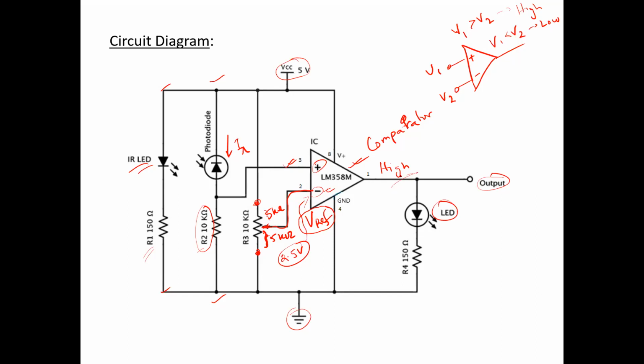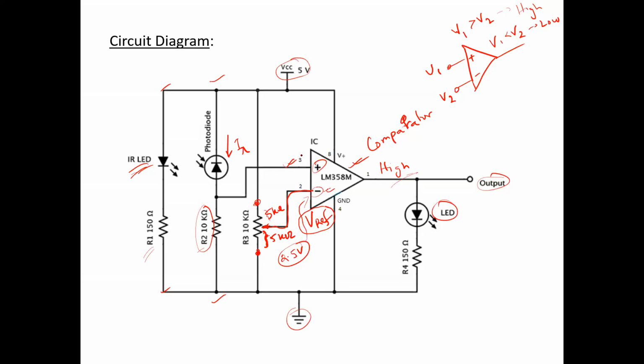And if there is no nearby object present in front of the IR LED, then no reflected wave will be received by the photodiode, and the current through the 10K resistor would be simply the dark current flowing through the photodiode, and that would not provide sufficient voltage drop.